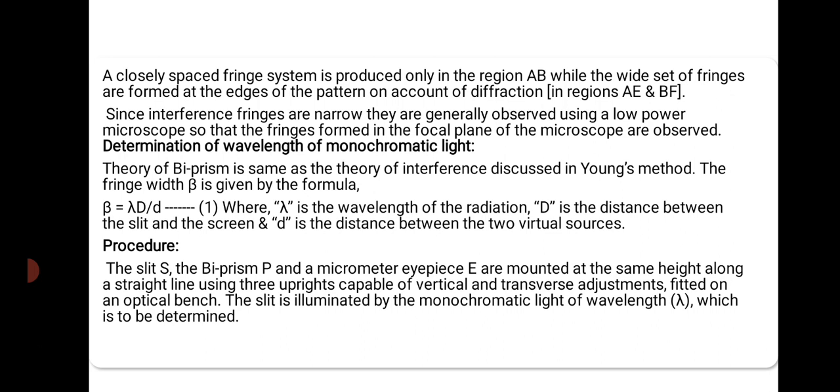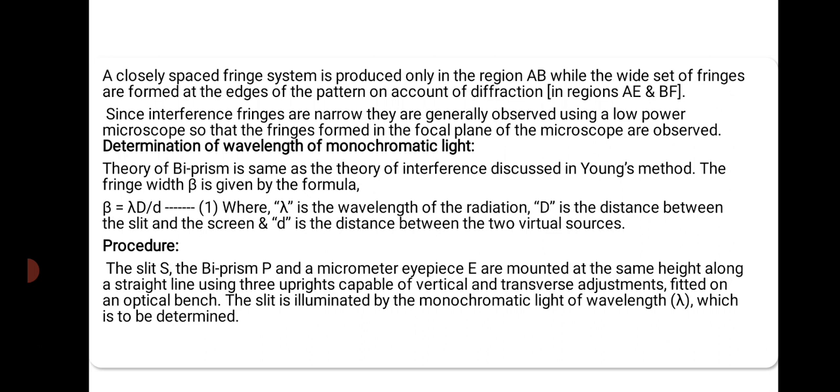A closely spaced fringe system is produced only in the region AB, while the wide set of fringes are formed at the edge of the pattern on account of diffraction. Since interference fringes are narrow, they are generally observed using a low power microscope so that the fringes formed in the focal plane of the microscope are observed.